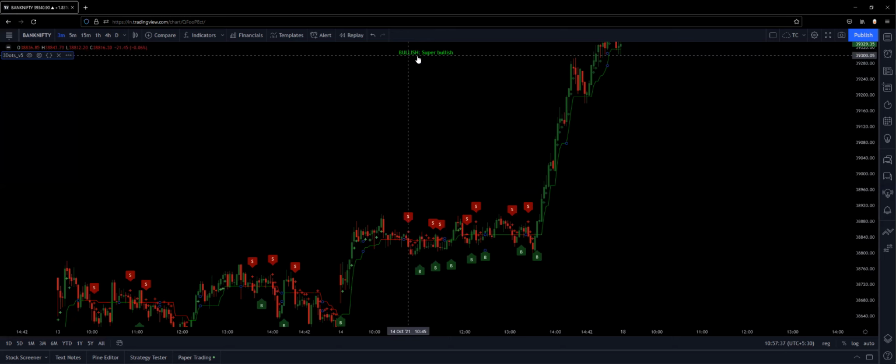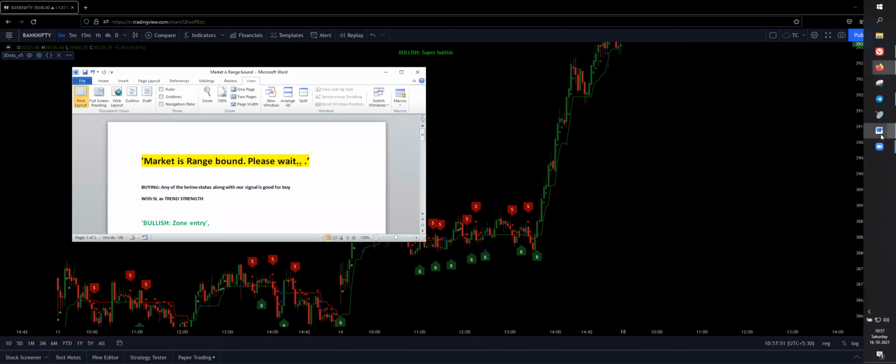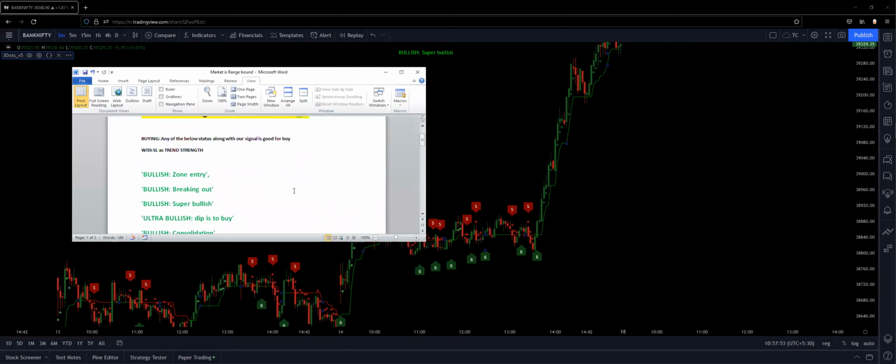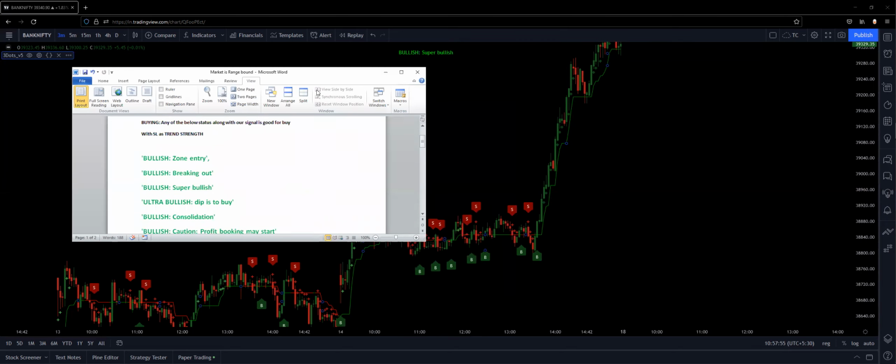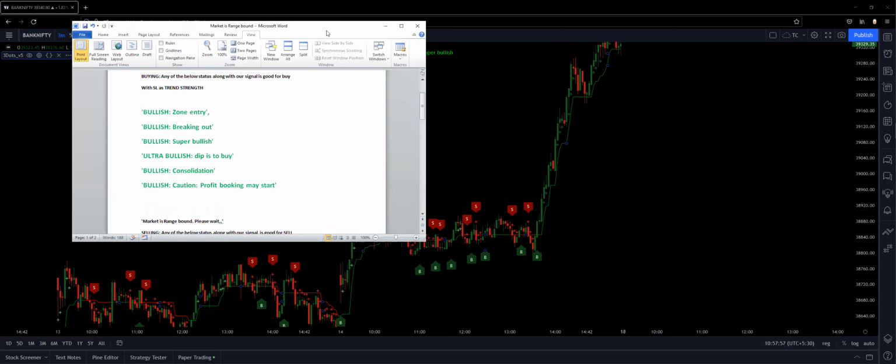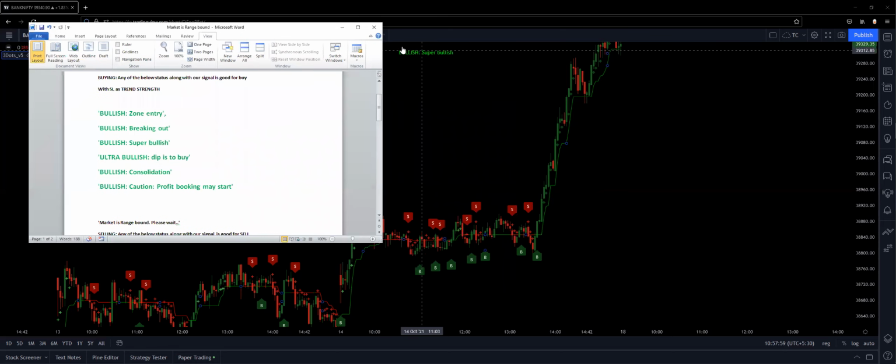First thing it will show is whether the trend is bullish or bearish. And second thing, on bullish, what is the second level of confirmation, whether it's just entering. Let me quickly pull this up for you. Okay, so these are the different commentaries you can get in these states.